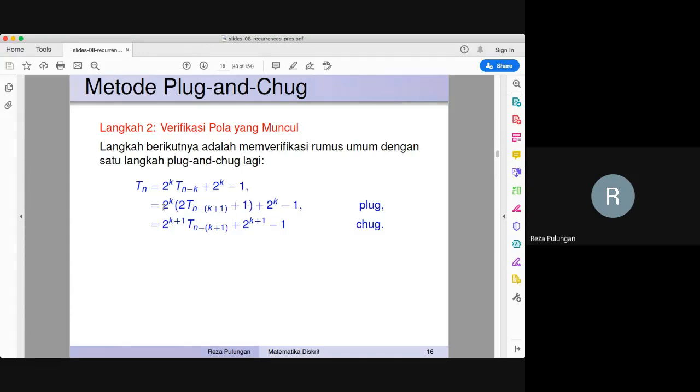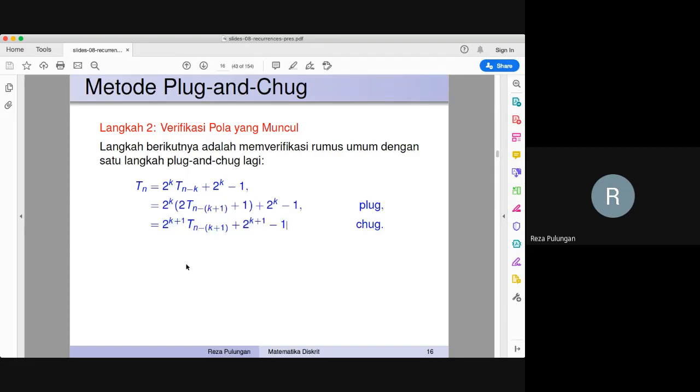So that means 2 to the power of k plus 2 to the power of k minus 1. Well, 2 to the power of k plus 2 to the power of k is equal to 2 to the power of k twice, namely 2 to the power of k plus 1, minus 1. So this is basically the final result. You see, after we chug it, this is the final result.